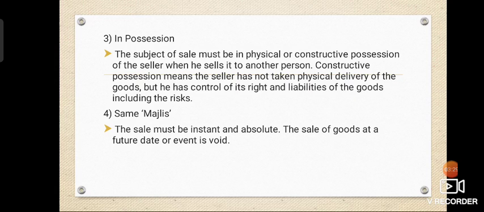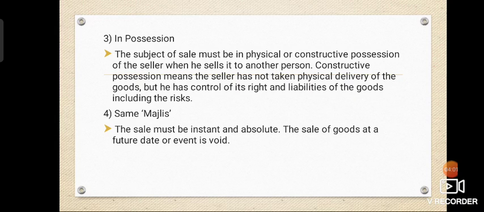This means the goods are in the seller's pocket before he sells it to the buyer. Everything about the product is with the seller. The seller has the full right and responsibility for the goods sold, and also the liabilities, including the risk. Risk here means the destruction or loss of the products.